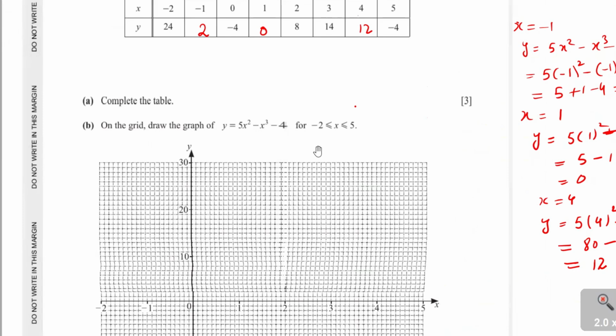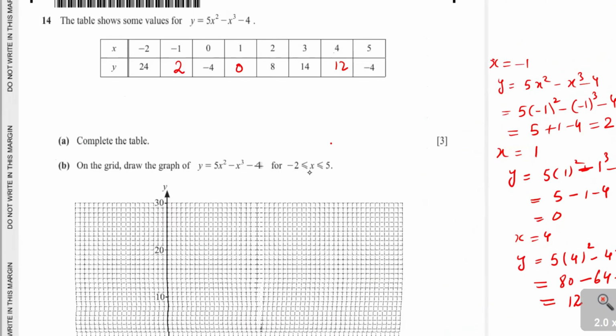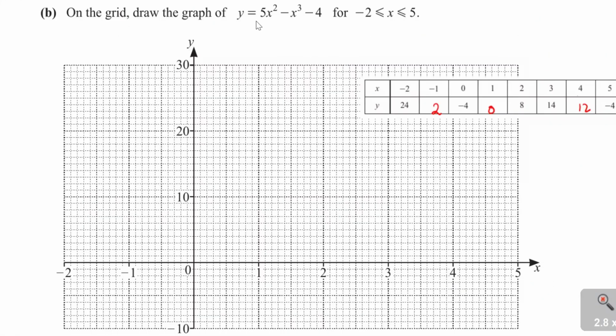On the grid, draw the graph for x from minus 2 to 5. Look here. To draw the graph, we will mark the x and y coordinates of the points. Here we will mark these values. First value is minus 2, y is 24. Look here, this is minus 2 and this value is 24.